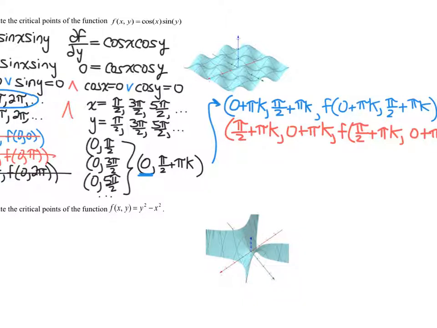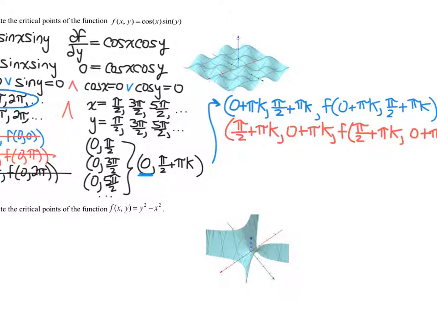Just to talk you through the remainder of it, because honestly I don't remember what I put in my answer key online, but I might have gone a little bit further. The idea would be, if you needed to determine a max or min, you would plug them back into the original function. Because these are periodic, once you've established what a maximum is, it's going to be the same, it's going to propagate throughout.